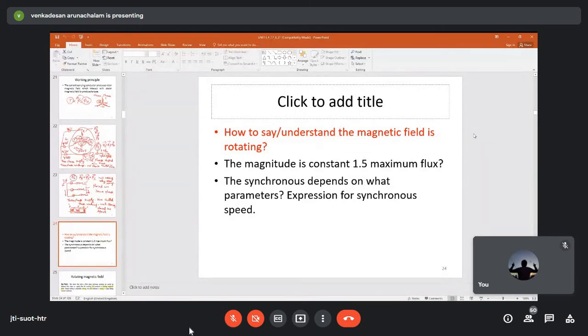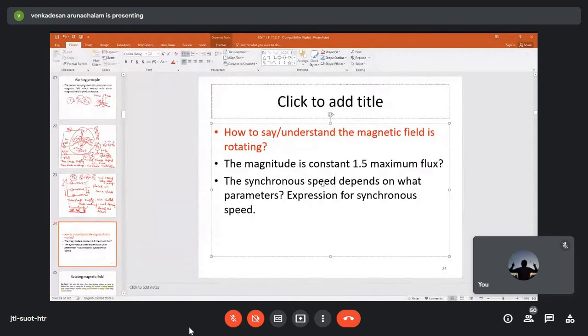The magnitude is 1.5 times the maximum flux. How are we getting that? The third point is the synchronous speed. It is the speed with which the magnetic field is rotating, right? That is called the synchronous speed.